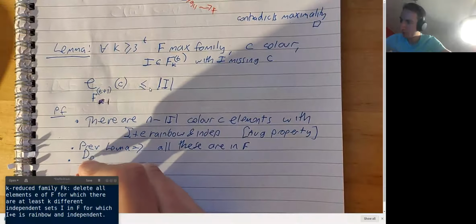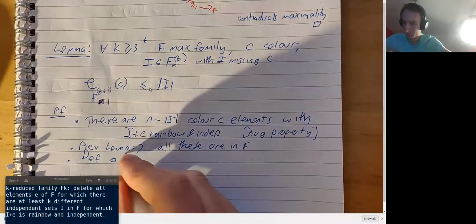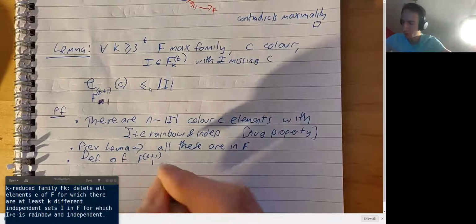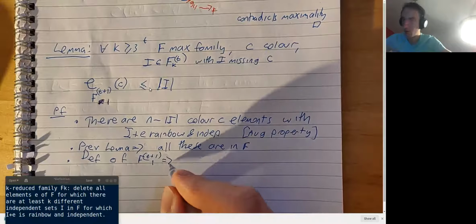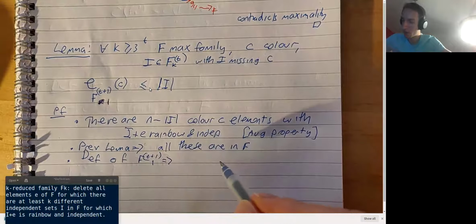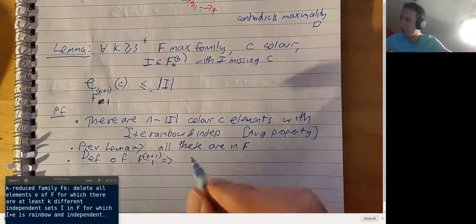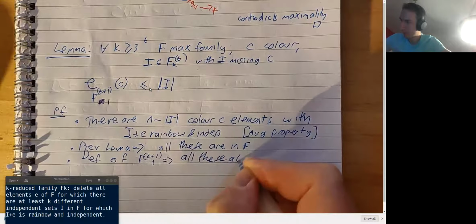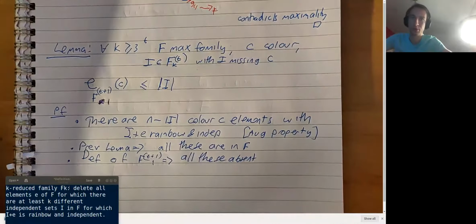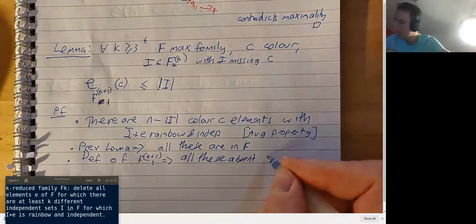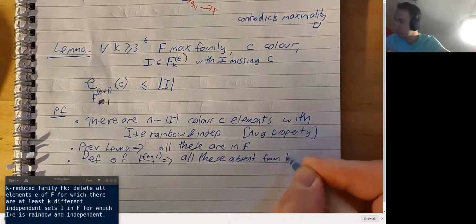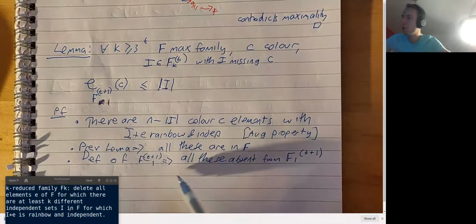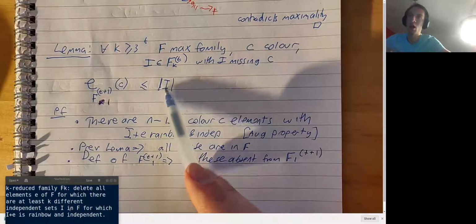And then from the definition of the T plus first reduction, you get that all these elements have to be absent from the T plus first reduction, because you can move all of them onto this independent set I, which is in the T reduction.